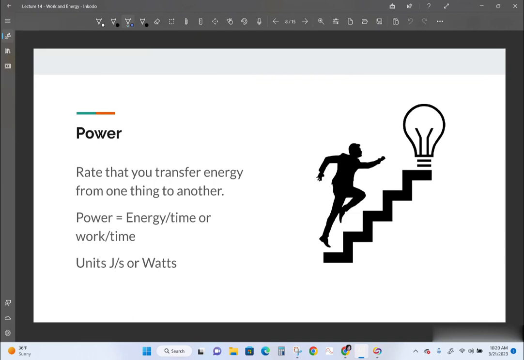But if you think about what you're doing in both of those scenarios, you are lifting your weight the same height, right? In both scenarios, your delta X is the height of the stairs. So you may be a 588 Newton person. You may be running up the stairs or walking up the stairs, but the end result is the same.